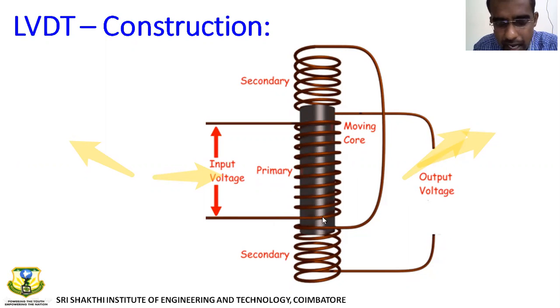So when this iron arm moves upwards, the voltage at the upper secondary coil will be more, because the iron core is going to link the magnetic flux. When it moves downwards, the voltage of this coil will be maximum. So the difference will be accordingly, V1 minus V2 or V2 minus V1. Wait, I'll show you an animated one.